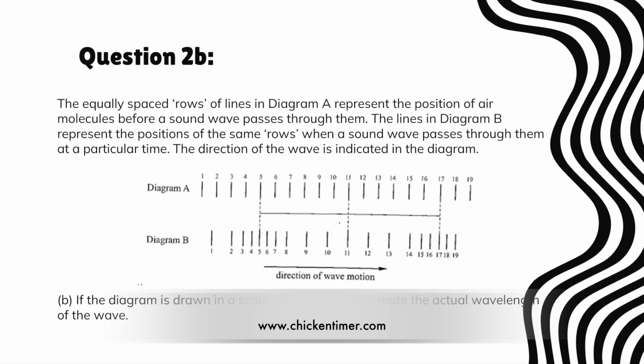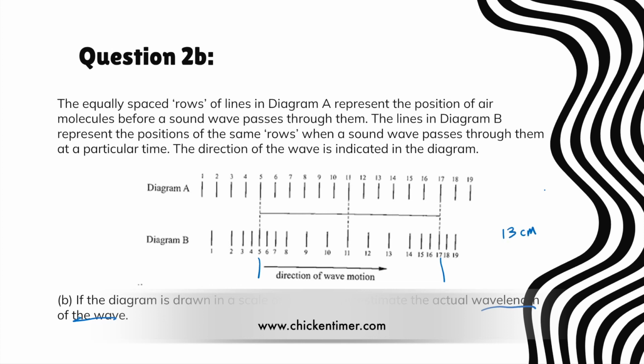This one, you need to measure. You tell me where you measure, then we will calculate together, because this answer depends on how big your screen is. Tell me which numbers one wavelength is between on diagram B. 5 to 17, so this is one wavelength. Then what is the length from 5 to 17 that you measure with your ruler? 13 centimeters.